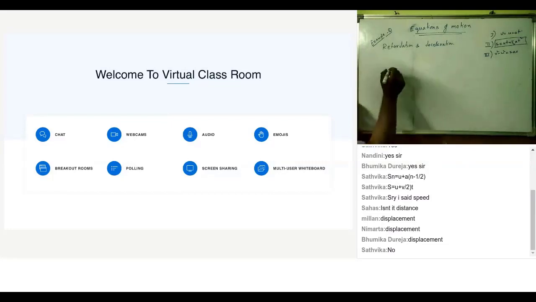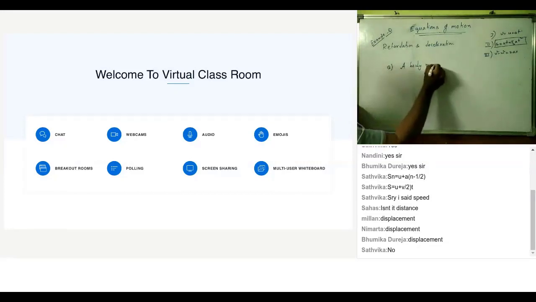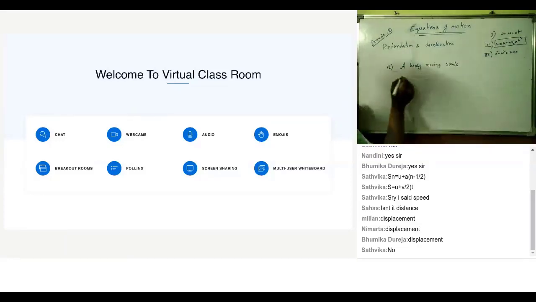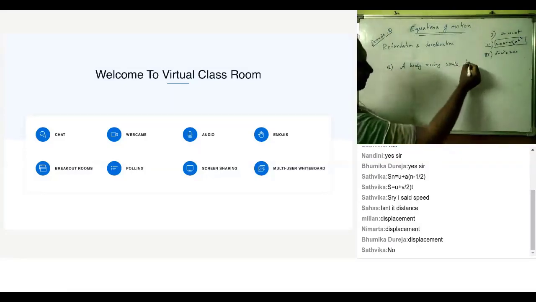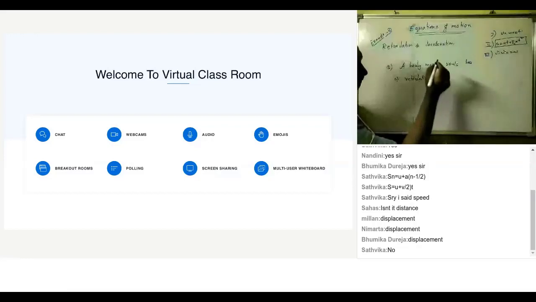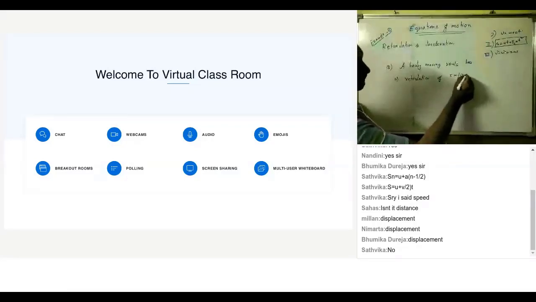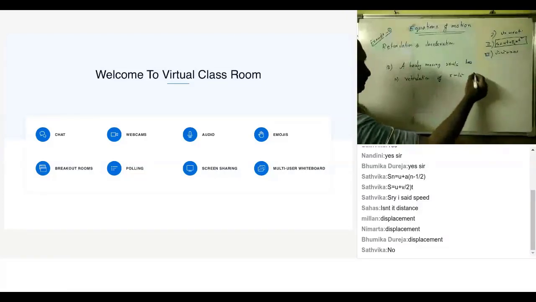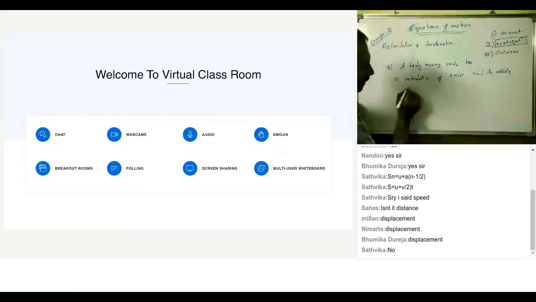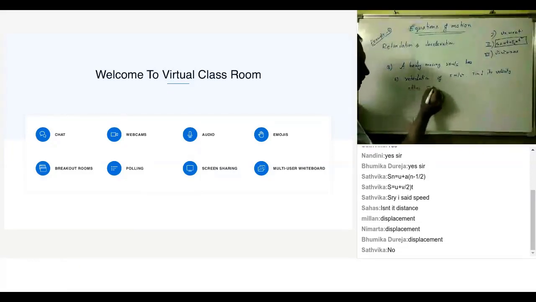Now let's see. The question is: a body moving at 20 meter per second, first, retards, has retardation of 5 meter per second square. Find its velocity after 5 seconds.